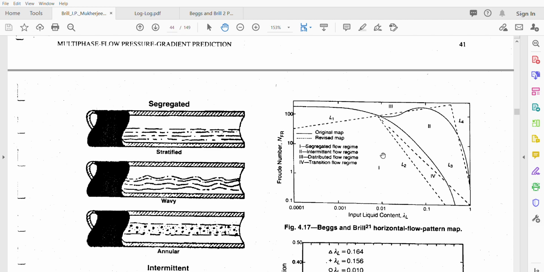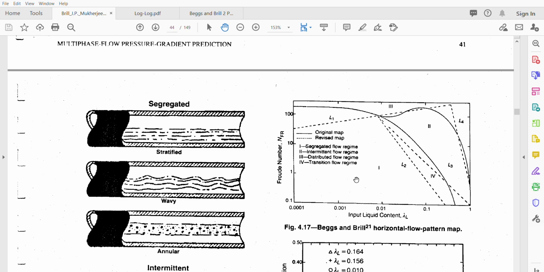So this area here is below L1 and NFR below L1. So lambda L below 0.01 and NFR below L1 is this area.